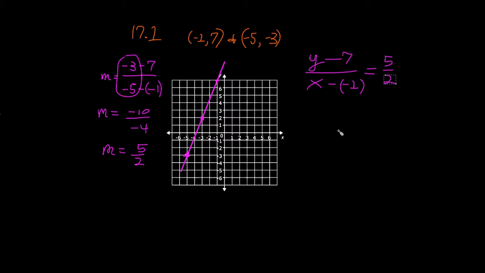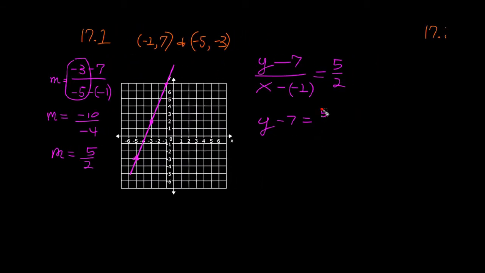Now, the first form that the book simplifies it into is what's called point-slope form, where we multiply both sides first by this denominator. So y minus 7 equals 5/2 times x minus -1.